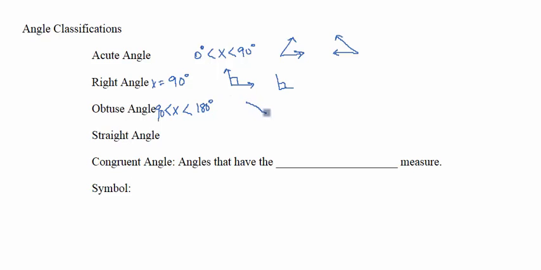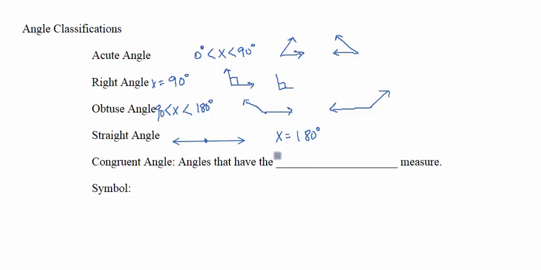So something that looks like that would be obtuse. A straight angle is an angle that's open all the way up so that the vertex is right in the middle, but it makes a straight line. It equals 180 degrees.